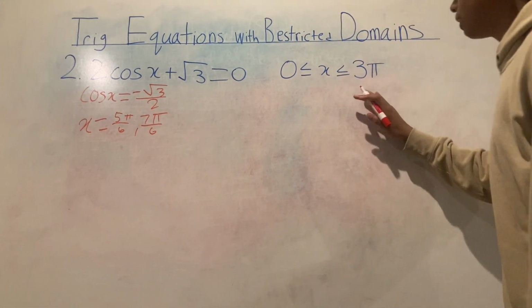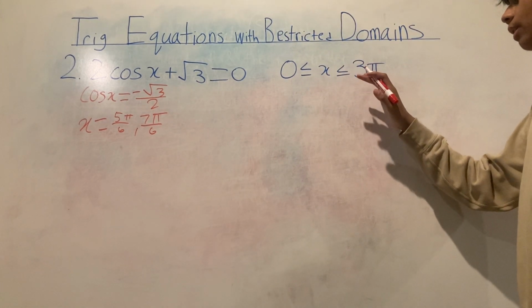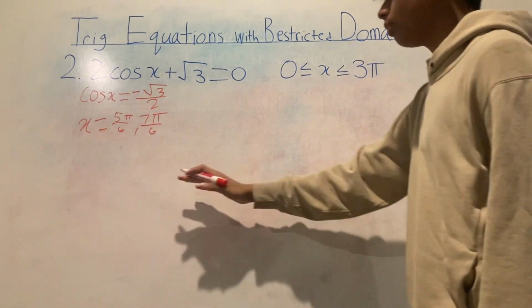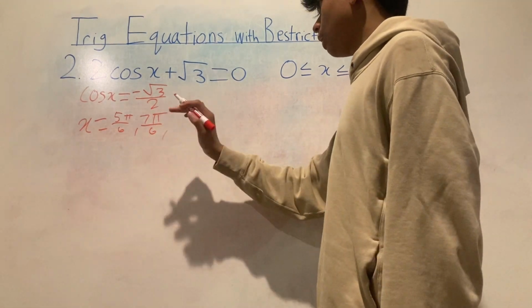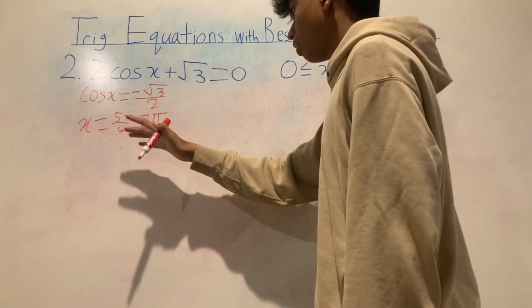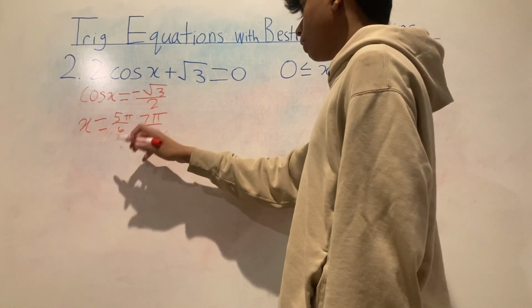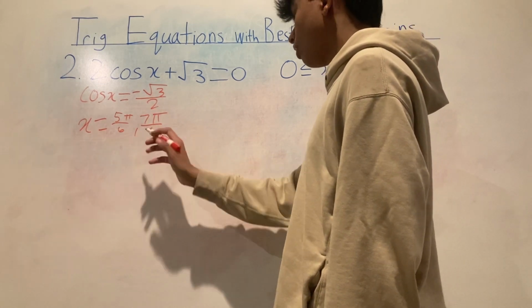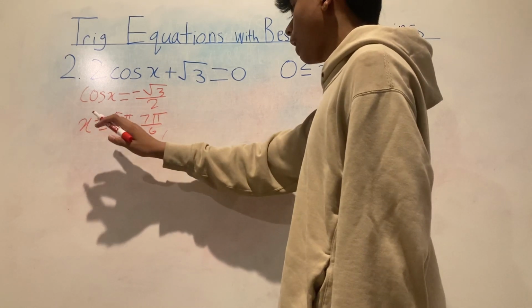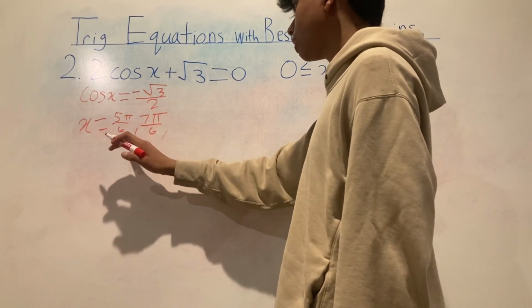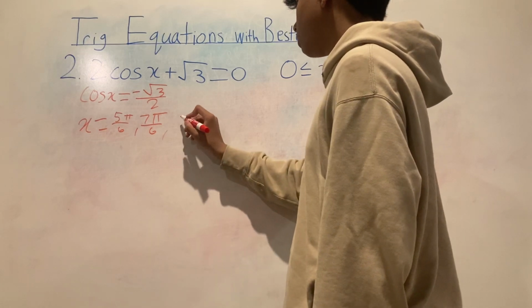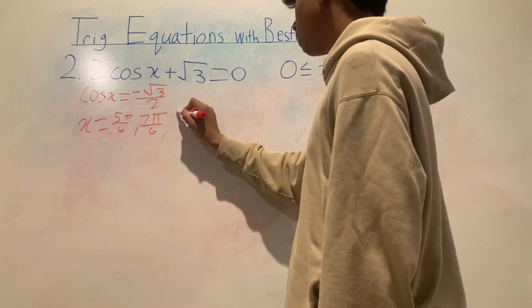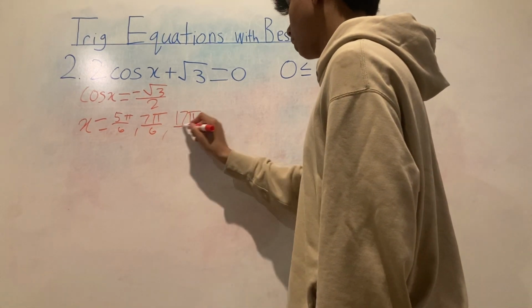And now, this is from 0 to 3 pi. So let's add 2 pi to both of these to see if there are more values. 2 pi with the denominator of 6 is 12 pi over 6. So if we add 2 pi to this, 5 pi over 6 plus 12 pi over 6, that's going to get us to 17 pi over 6.